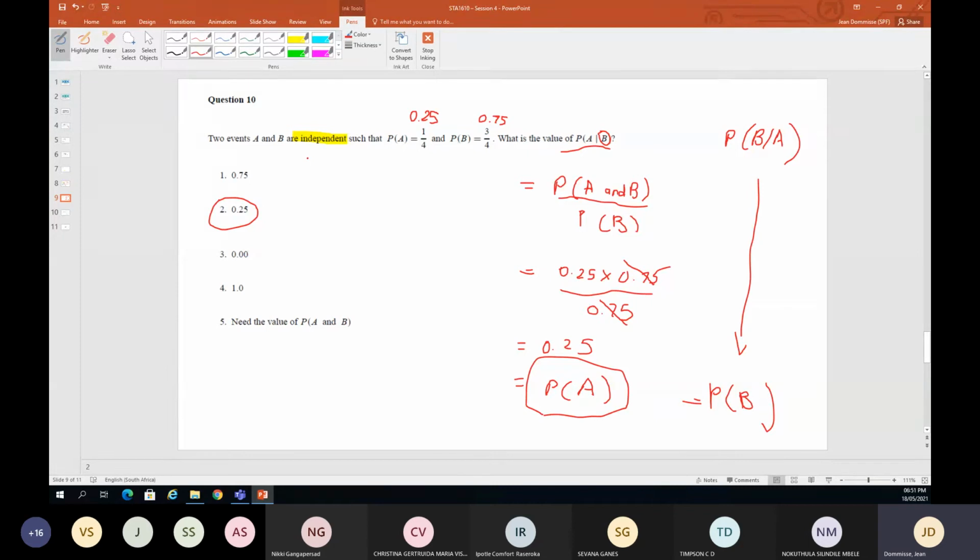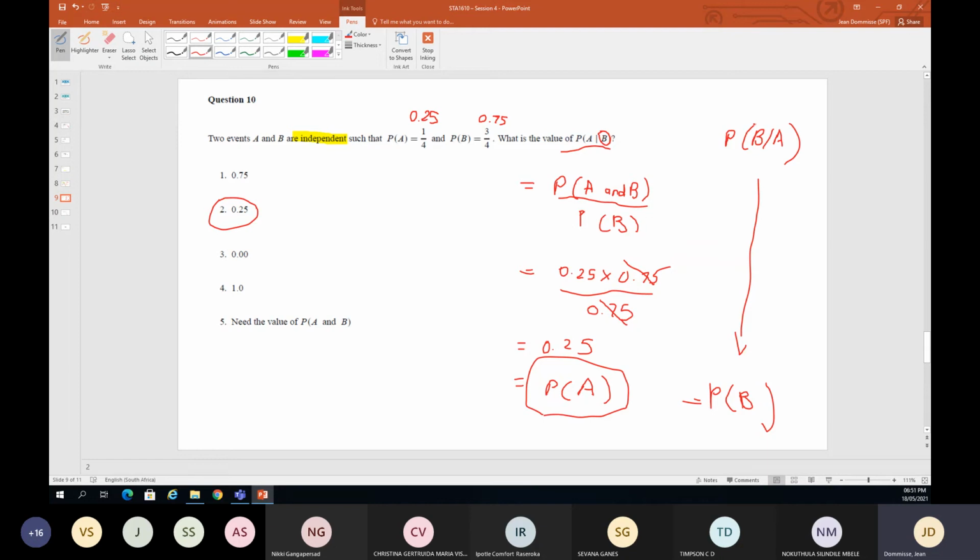Okay, so again, you can go and work that out. The probability of B and A is exactly the same. It will be 0.25 times 0.75. The probability of A is 0.25.